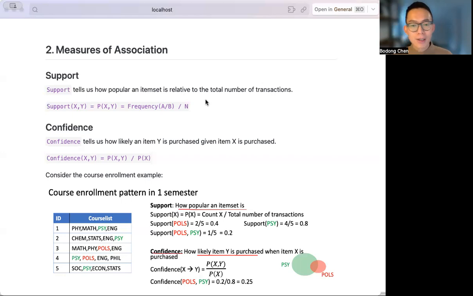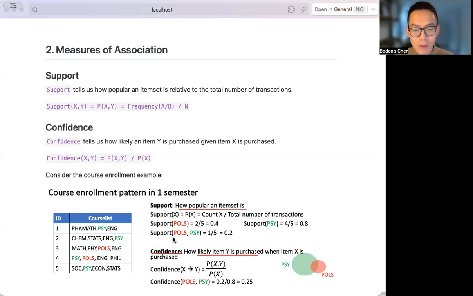In some cases, you have a combination of different courses or different items. So you just need to find how that particular combination occurs in relation to the total number of transactions. In this example, you see a list of 5 different transactions with different courses selected for every transaction.